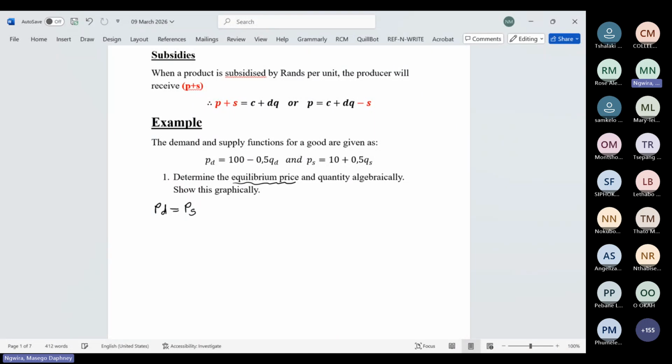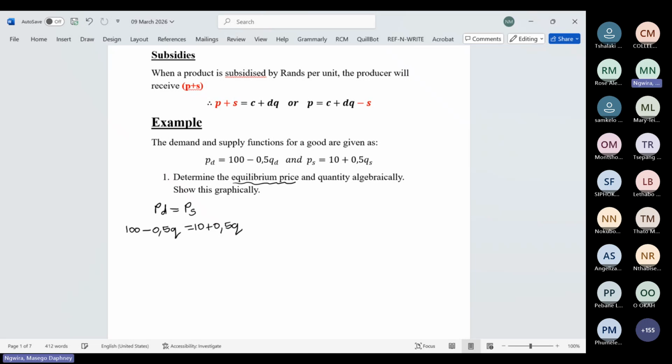The D stands for demand and S is supply. And then we are going to substitute. So our PD is 100 minus 0.5Q, and that equals 10 plus 0.5Q.